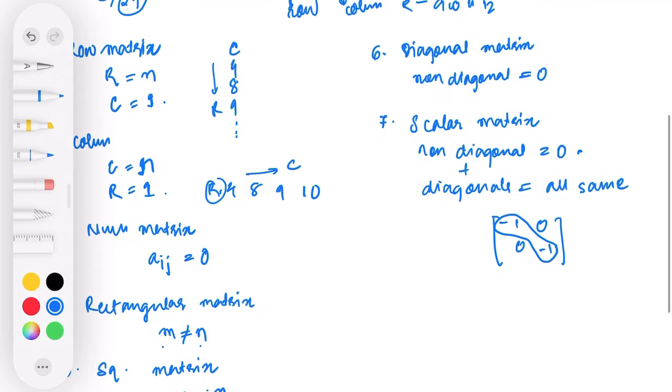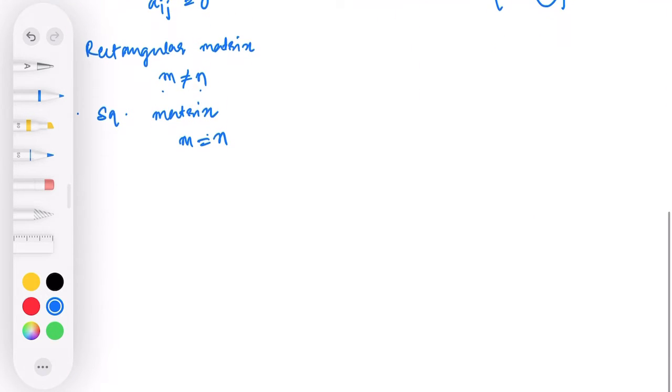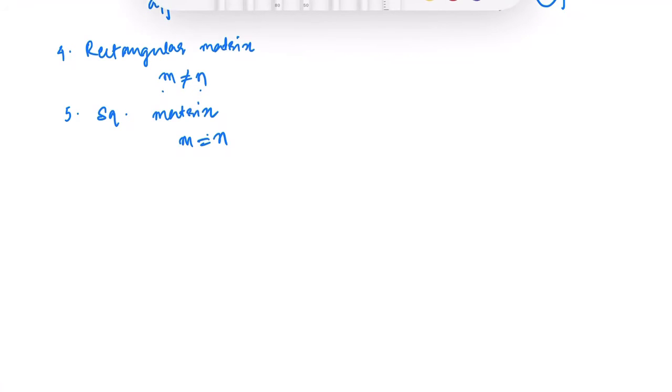If you look at these 7 types, they are somewhat similar. Okay.